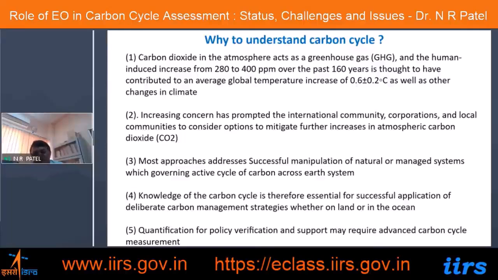If we successfully manipulate or alter natural forest or managed agricultural ecosystems, which have a major role to play in governing the active cycle of carbon across our system. So we need to better understand how we can successfully manipulate these natural and agro ecosystems, forest and agro ecosystems, for improving carbon sequestration from the atmosphere.